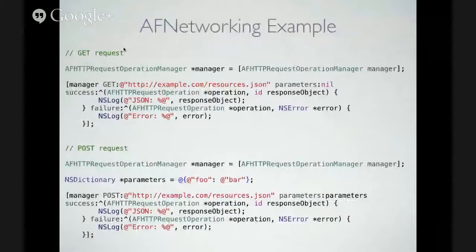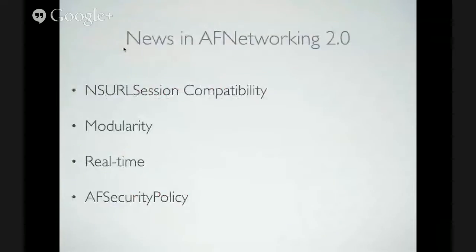Thanks. Okay, just to quickly recap AFNetworking. We talked about NSURLSession that is new in iOS 7 and replaces NSURLConnection. AFNetworking 2 is modular. That means that it divided some code into more classes. It can use real-time connection. It can open a connection to a remote server at all times, and it automatically has SSL pinning implemented.